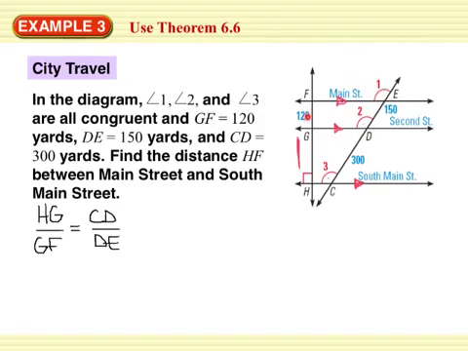So this one over that one is equal to this one over that one. Now let's fill in the numbers. We don't know HG. GF is 120. CD is 300. And DE is 150. Our handy dandy little cross product.